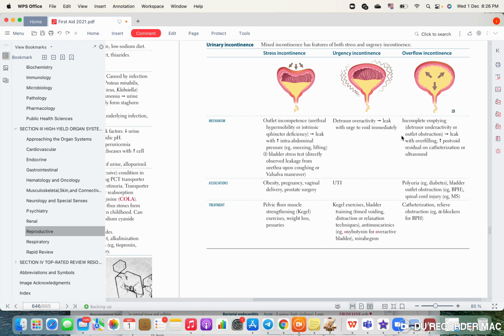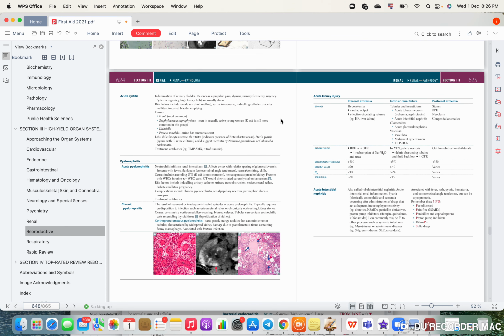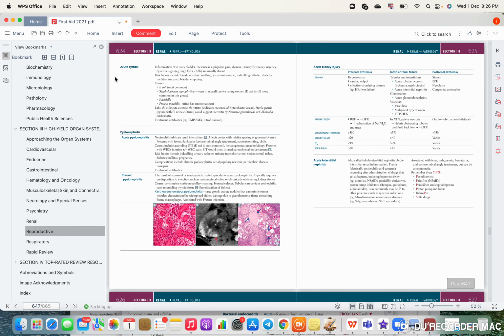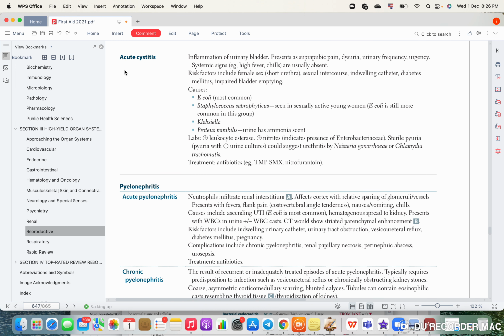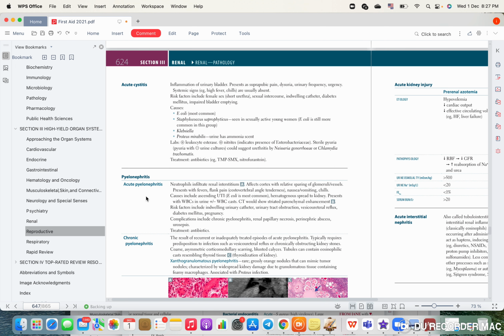Okay, which receptors are located on the detrusor muscle? M3 and beta 3. This is correct. Okay, acute cystitis, which is also known as lower urinary tract infection, and pyelonephritis, known as upper urinary tract infection. Which one has systemic symptoms?